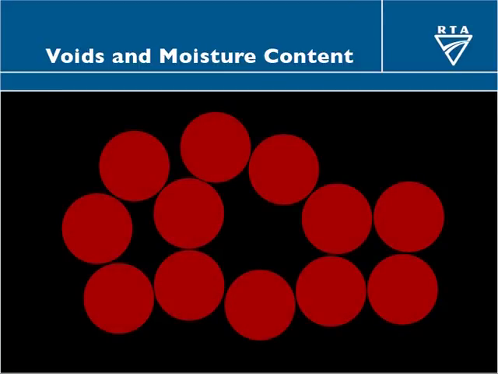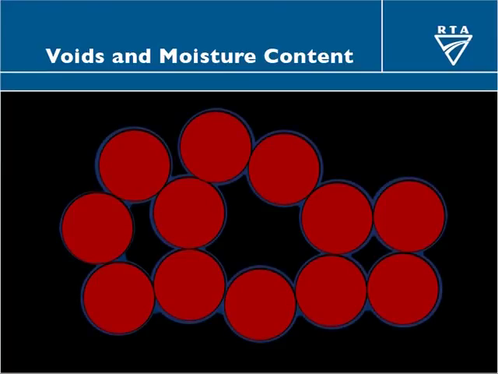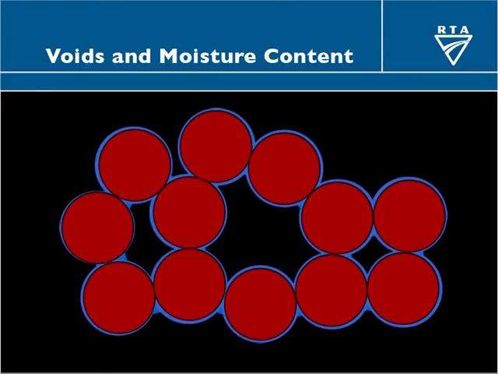Now, if the soil's dry, obviously what you have is a collection of particles which are just sitting there, and in this case I've illustrated them in a very loose structure. As water is added to a material like that, initially it distributes itself around the surface of the particles in a very thin layer, and conceptually it looks something like this.